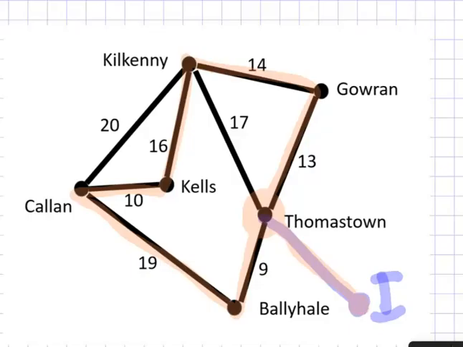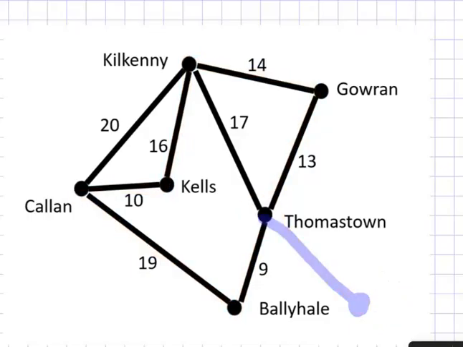So there's an example where I can go from Kilkenny and back to Kilkenny, and visit every single node, including Inistioge. The only problem is that because of the way the network is, I have no option but to visit Thomastown twice, effectively.